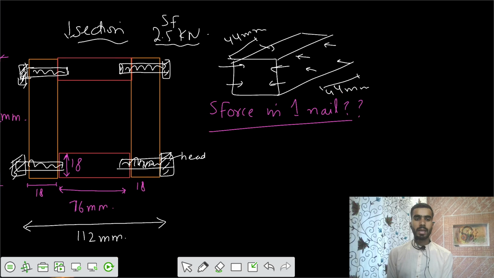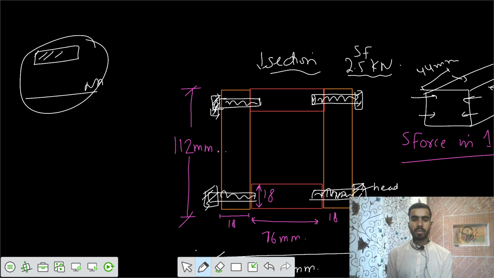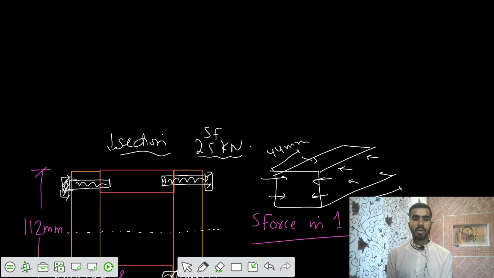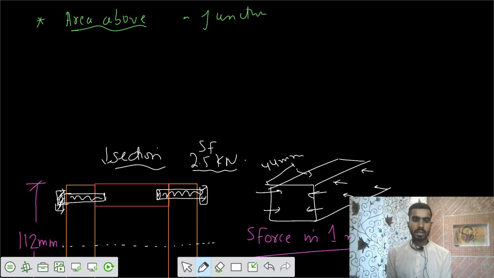Now, during the derivation we take the area above the neutral axis. If you see from the neutral axis, we have 2 bolts on the same level. So let's take that area above, at the junction. If you analyze this area where the 2 members are connected by a bolt, we have 2 bolts for this particular area.